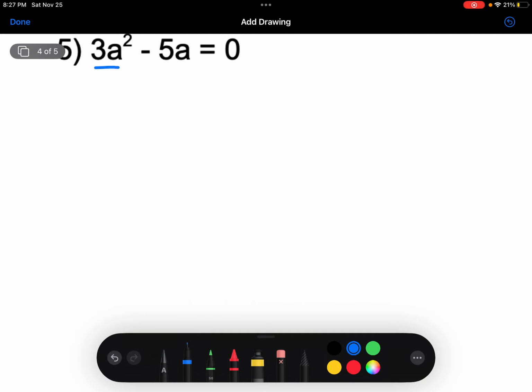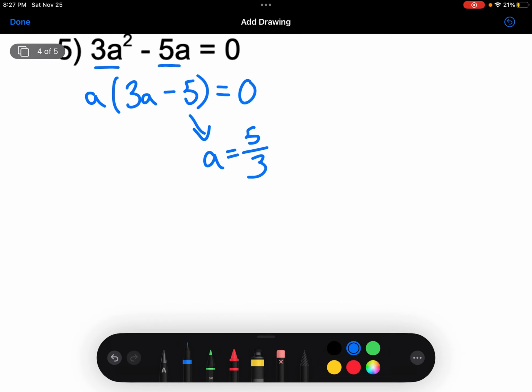All we have to see is that there's an a value in both of these. So we can have a, and then we get 3a minus 5 equals 0. Now, everyone's going to get that this is going to be a equals, we switch the 5 to make it positive, divided by 3. But a lot of people actually miss that the second one, this is actually a set of brackets.